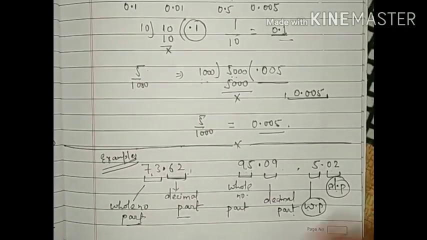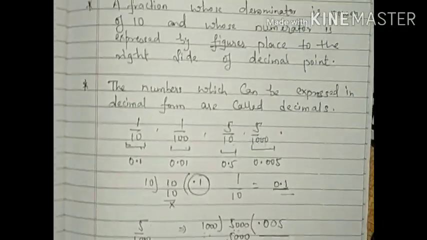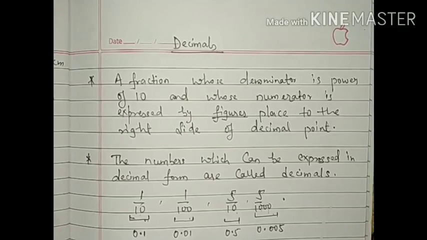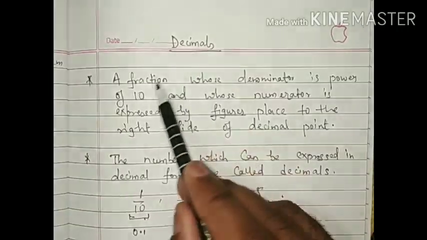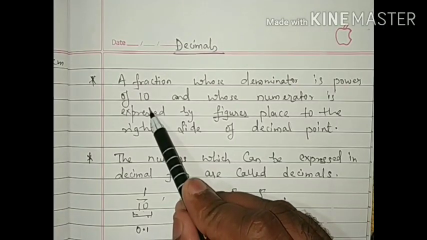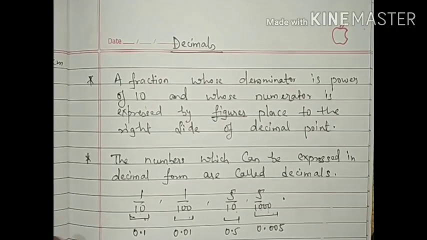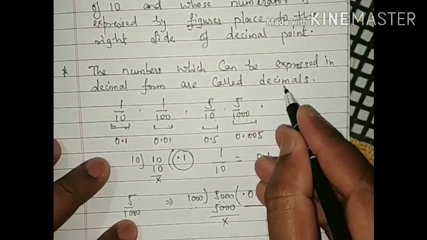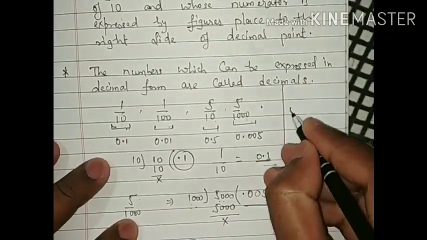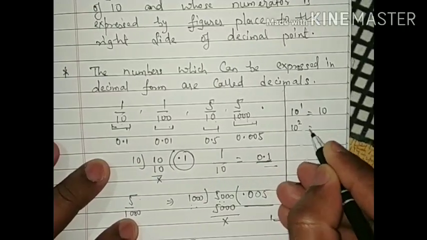So first of all, let's understand this once more. What are decimals? A fraction whose denominator is a power of 10. Any fraction in which the denominator is of the form power of 10. What does this mean? Power of 10 means 10 to the power 1, that is 10. 10 to the power 2 will be equal to 100.